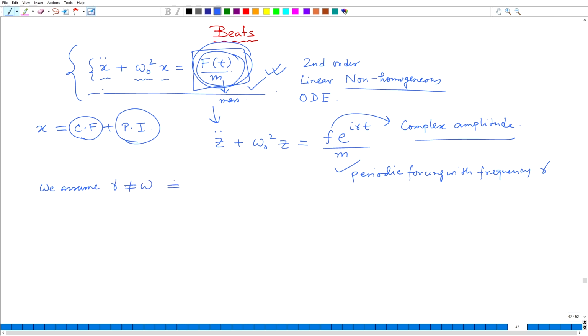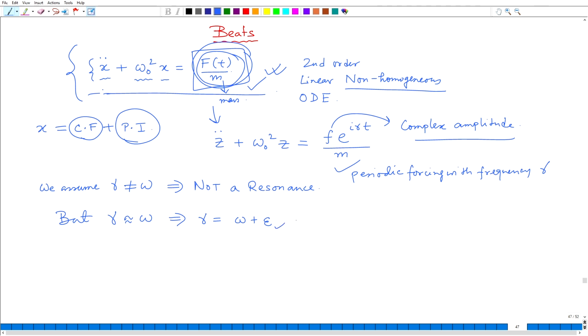So, this is not a resonance case. However, we can say gamma is almost equal to omega, and let us say gamma is equal to actually omega plus epsilon, okay.